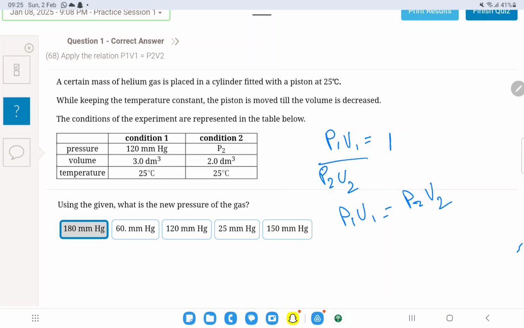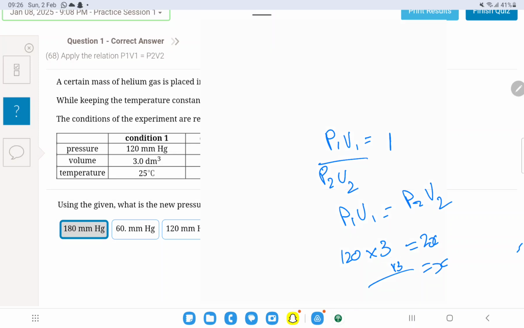And P1 here is 120, and volume is 3. And P2 is what they want. V2 is 2, so 2x. 120 times 3 over 2 equals x. You can cancel, 60 over 2, so 180 millimeter Hg.